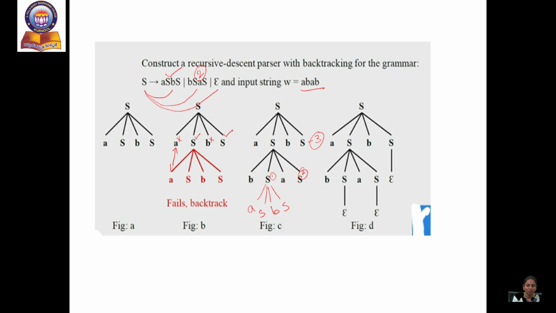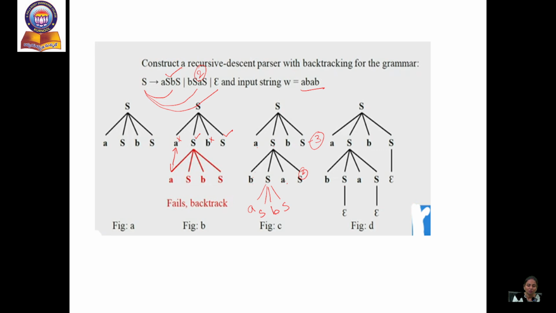So we are getting ABA, okay, ABA is there, and after A, B is there. Okay, up to here we got the string, but an extra A is there and still a few more non-terminals are also there. So by checking this, it understands it fails and again it has to backtrack.